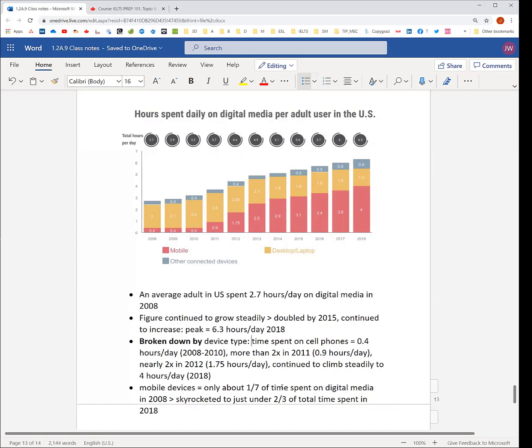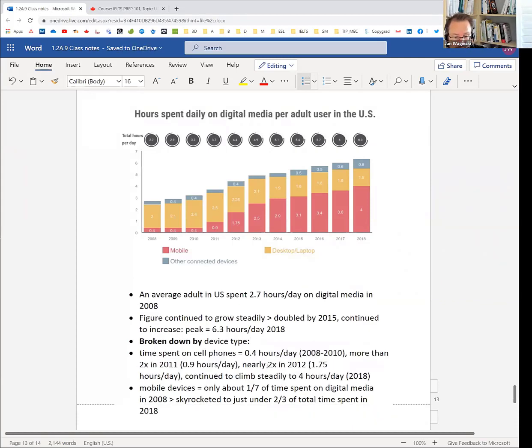It was 0.4 hours per day. It got doubled in 2011 by 0.9 hours per day. It doubled to 0.9 hours per day, not by. Yeah, it doubled to, or more. Okay, can you say this? It more than doubled in 2011 to 0.9 hours per day.